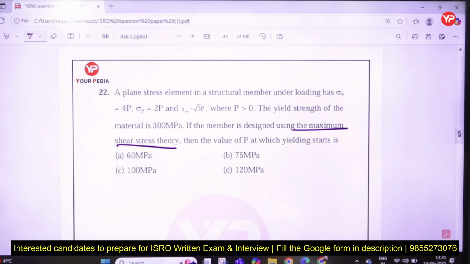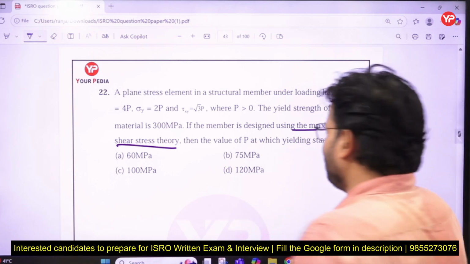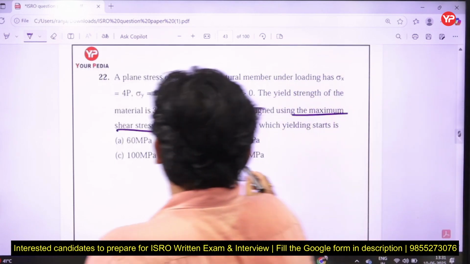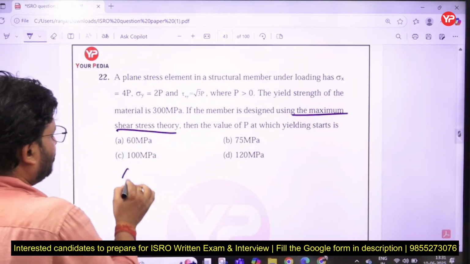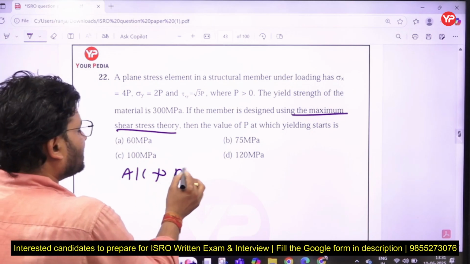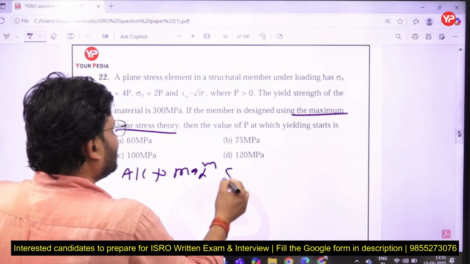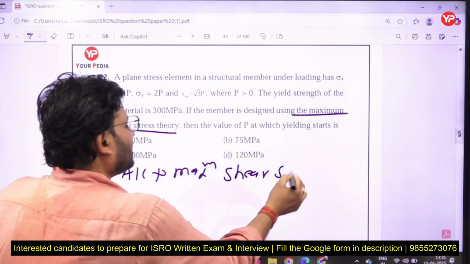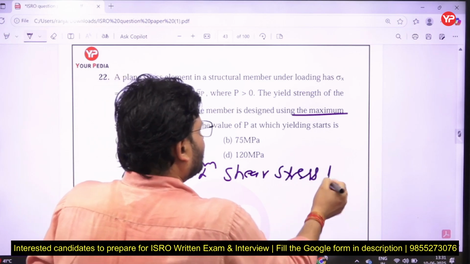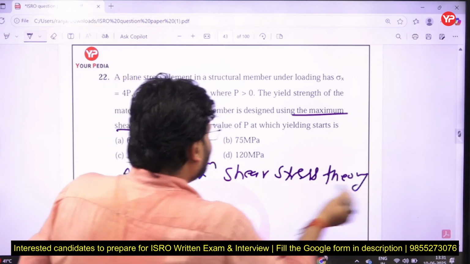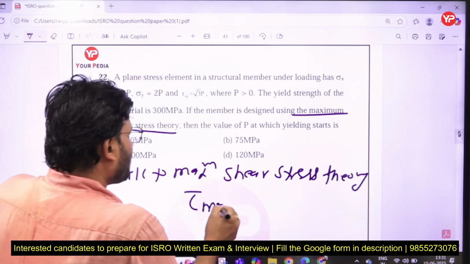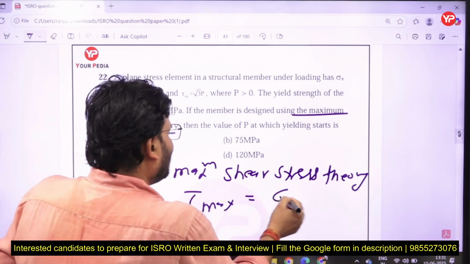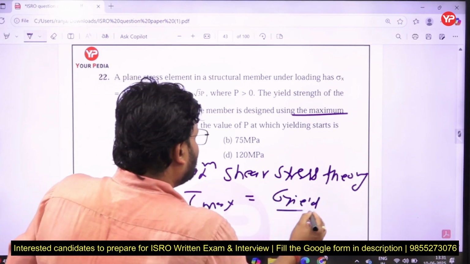If anyone remembers, according to the maximum shear stress theory, tau max is equal to sigma yield upon 2, right?